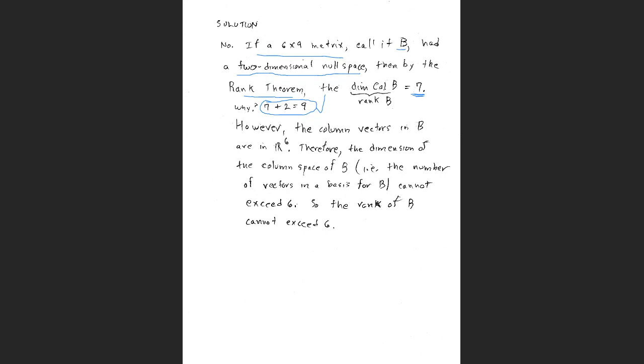All right, so we agree that the dimension of the column space of B is 7. But the column vectors in B live in R6. They live in 6-dimensional space. And this means that the dimension of the column space of B cannot exceed 6. Okay, you cannot exceed 6.